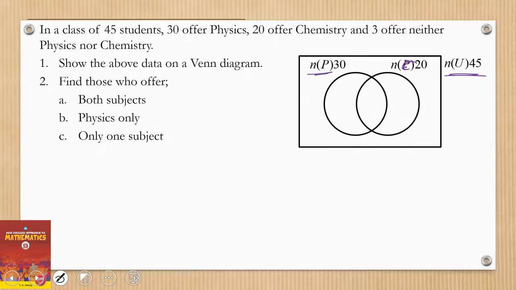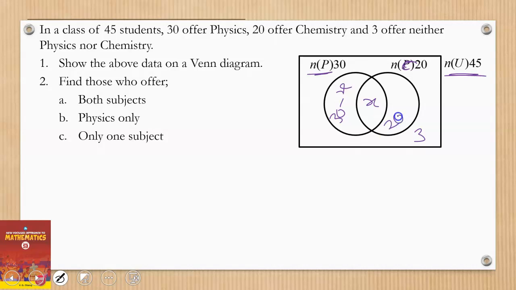3 did neither chemistry nor physics, so 3 goes there. Now, they didn't tell us those who did both, so we can choose to put a letter here. Let's call it X to show those who did both. Now, for us to know those who did only physics, we have to do 30 minus X, like we did in the earlier one.